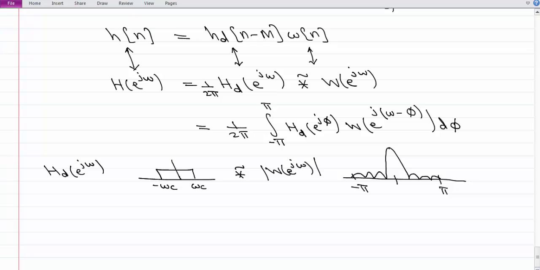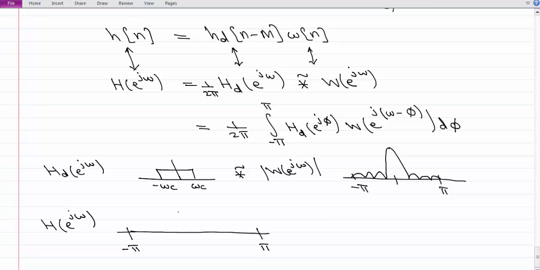The effect of this is going to be twofold. There are going to be two effects. I'm going to blow up the region from minus pi to pi to clarify those effects.